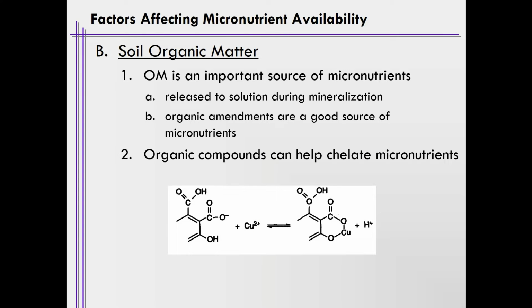And then point number 2 is that some organic compounds, after organic matter is degraded into simpler compounds, can actually help chelate micronutrients. The term chelate is Greek for claw-like or crab-like. So in this case, you can see that this organic compound on the left-hand side might have a section of it that's sort of opened, all right?